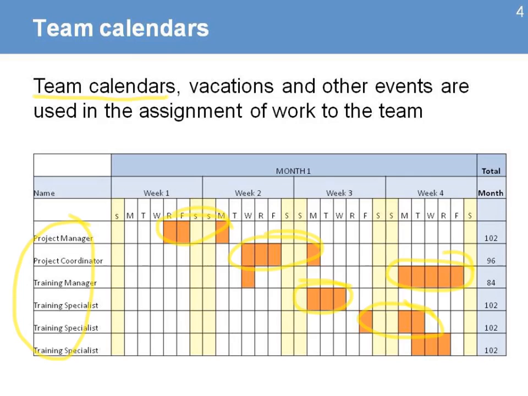Another good use of this calendar is that it helps you make sure that your team is not taking vacation at the same time or during a critical moment during the project. The idea is that if you need them to do some specific work, make sure that they are able to reschedule their vacations or their time off so that you have your team or key members of your team available during that time.